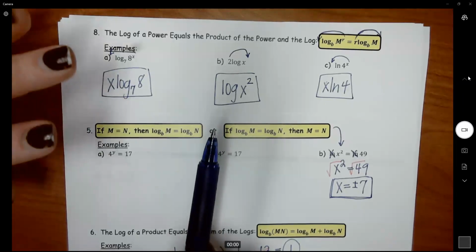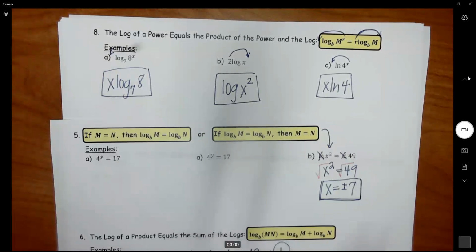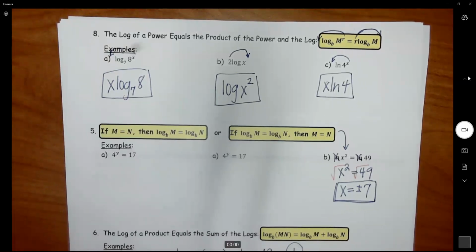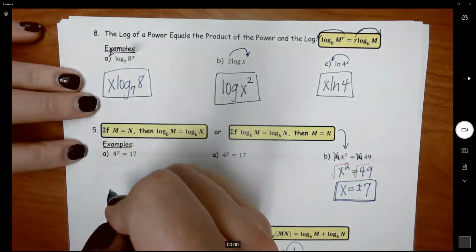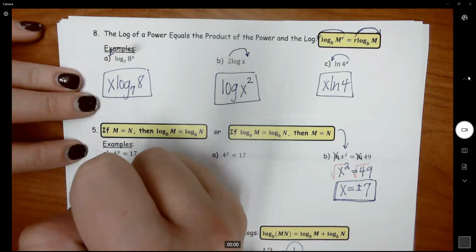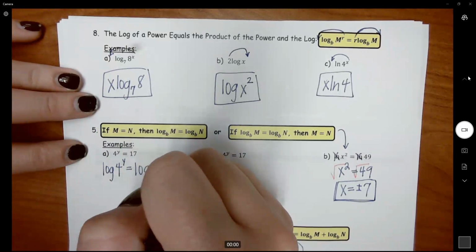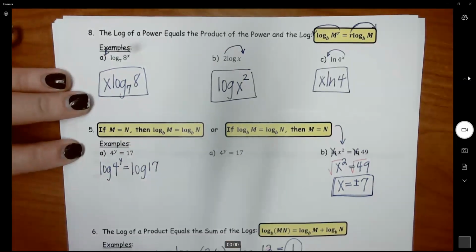So I can do any log base of anything. And in the future, we're going to pick those bases strategically. But for this lesson here, I'm going to do just a common log. So I've got log of 4 to the y power equals log of 17.